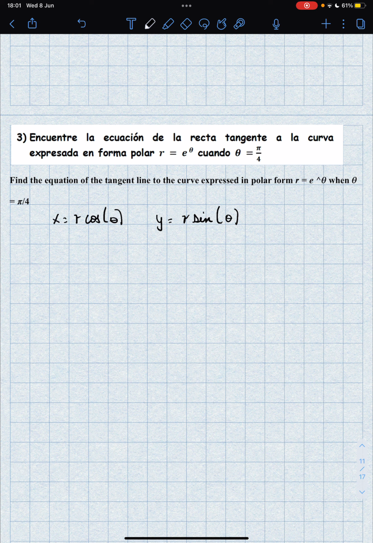Okay, good. Now, of course, this x and this y depend on theta, right?